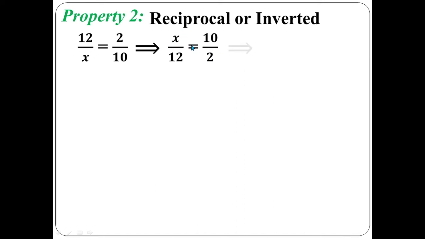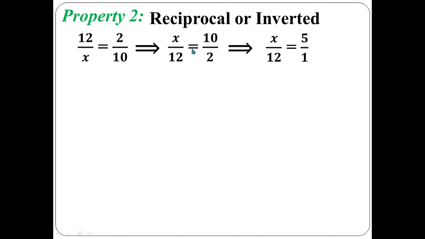The second property is reciprocal or inverted. Kung mapapansin, yung 12 over x naging x over 12 is equal to yung 2 over 10 naging 10 over 2. Then, kung reciprocal na, pwede na bumalik sa first property.